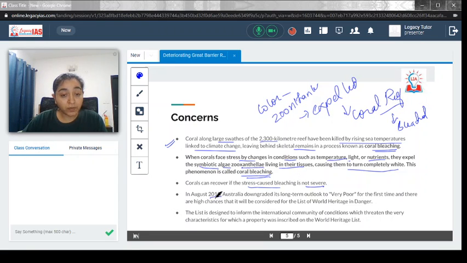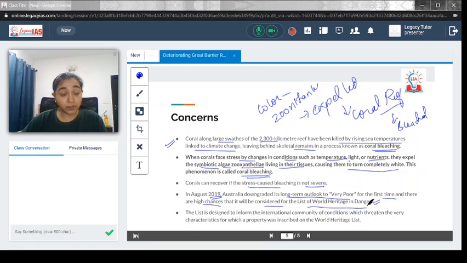In August 2019, Australia downgraded its long-term outlook to very poor for the first time, and there are high chances that it will be considered for the list of World Heritage in Danger.